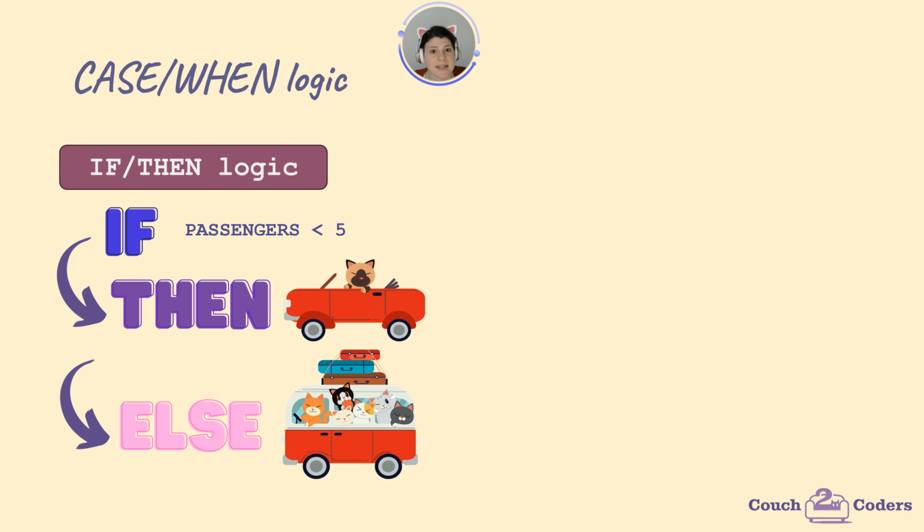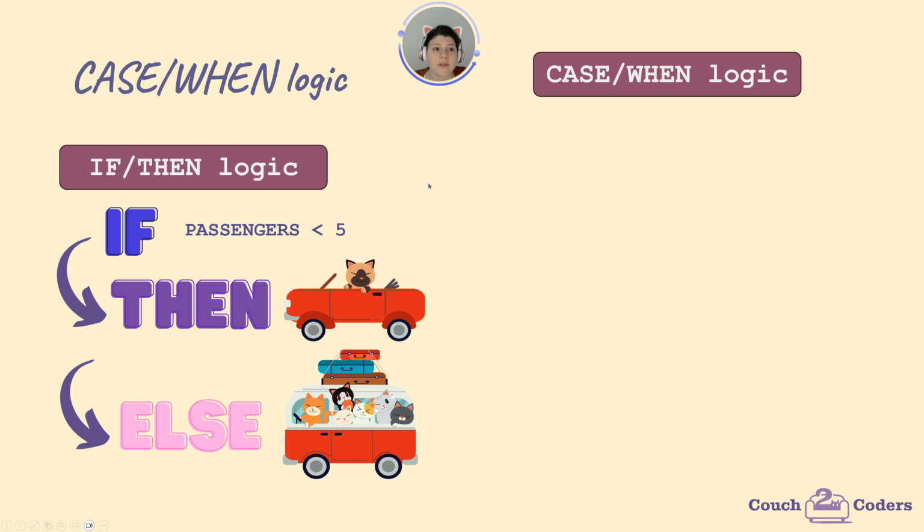Let's compare something that is unique to SQL, and that's called case when. Case when is exactly the same as if-then, but the formatting is a little bit different. So we know with if-then, we have if our condition, what happens if that's true, what happens if that's not true. With our case when logic, very similar.